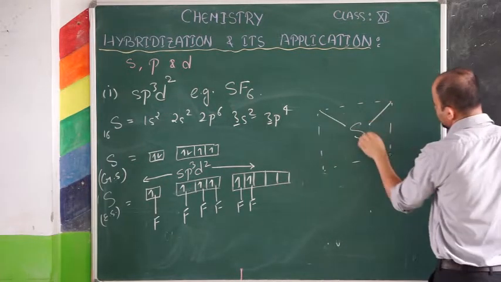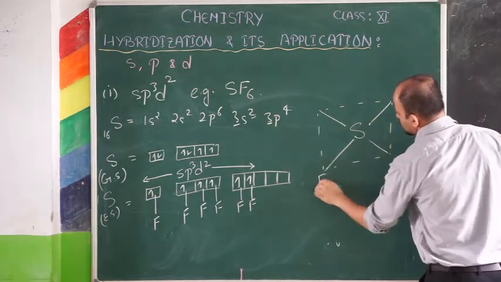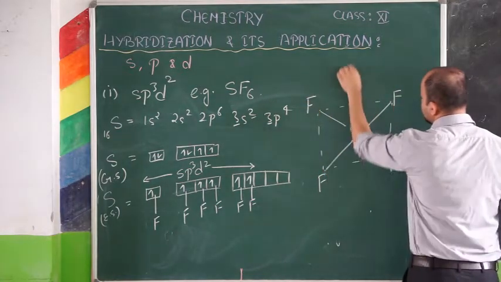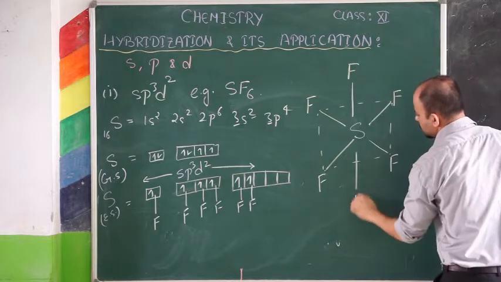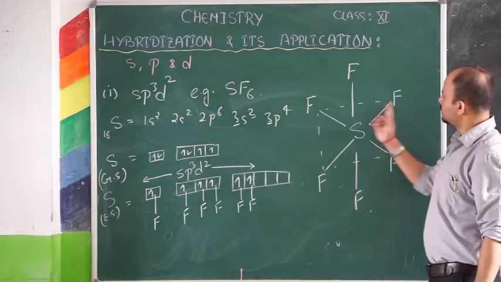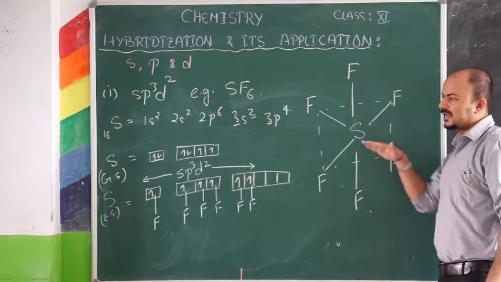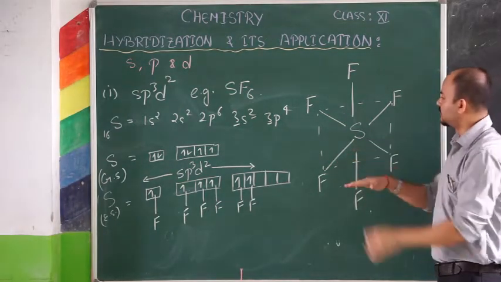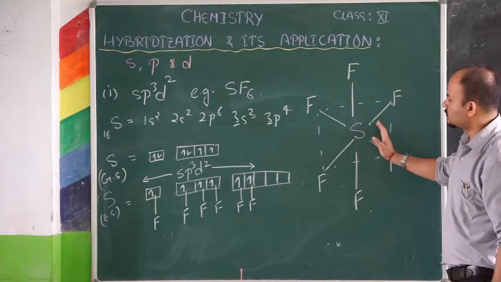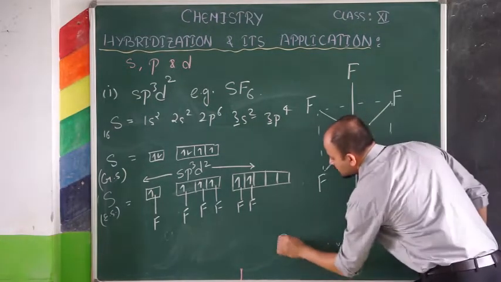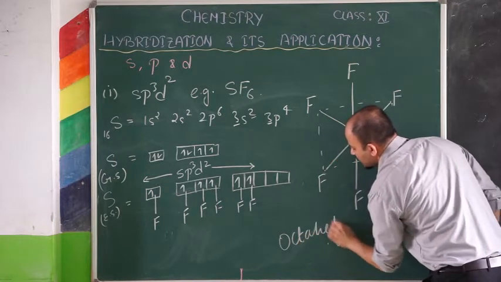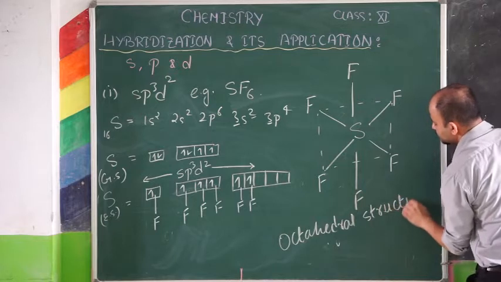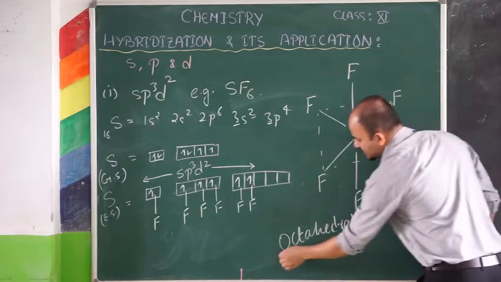So in the structure of the molecule, the 4 fluorine atoms are lying at 4 corners on the plane, 1 above the plane and the other 1 below the plane. The geometry of such a structure is known as octahedral geometry.